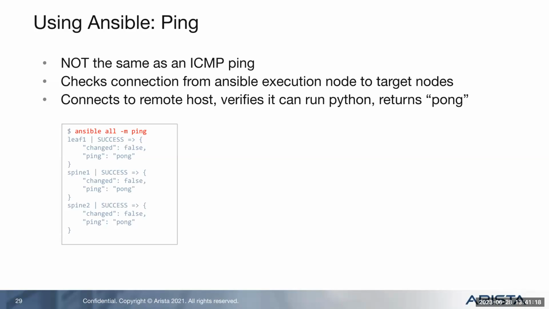So in this example here, we are running a task against all groups in inventory, and we're using the ping module. The ping module is a special Ansible module that does not operate like ICMP ping. What it is actually doing is making sure it can connect to the target host, running Python, getting a response back of pong, and exiting.